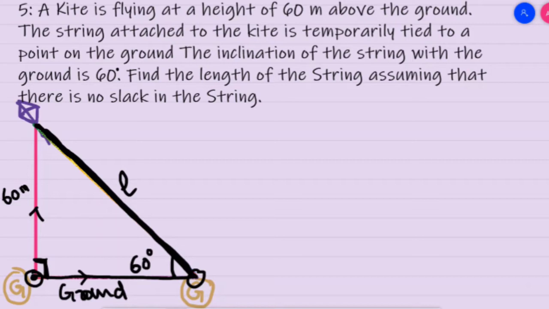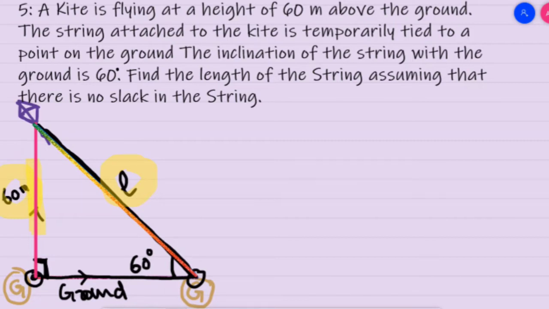You want L. You have got the opposite side, and you have to find the hypotenuse. So opposite side by hypotenuse is your sine of the angle.